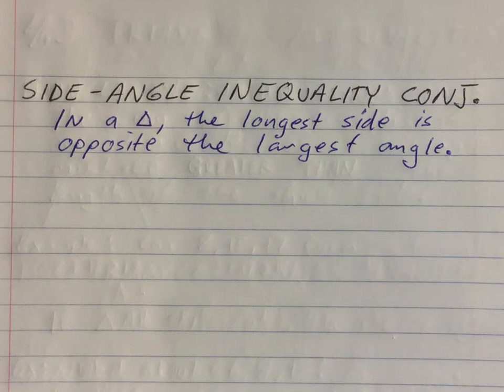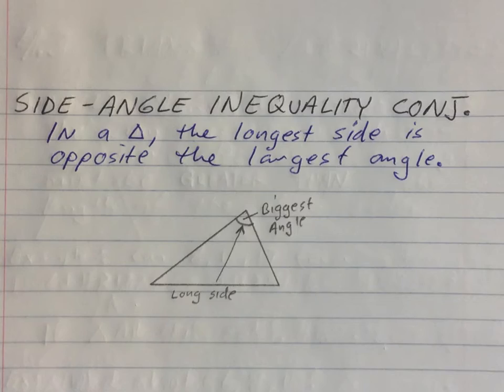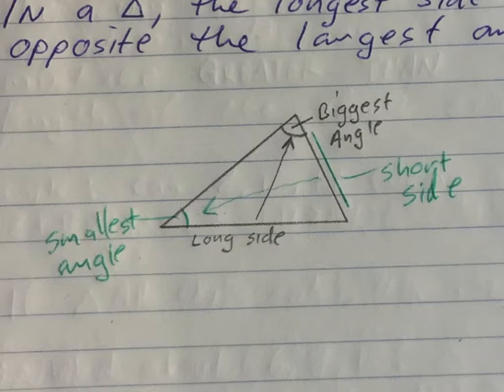Next conjecture is the side angle inequality conjecture, which states that the longest side is always opposite the biggest angle, and vice versa. So if we have a triangle, the longest side points to the biggest angle. And likewise, the shortest side points to the smallest angle.